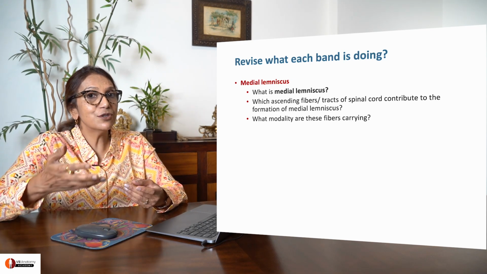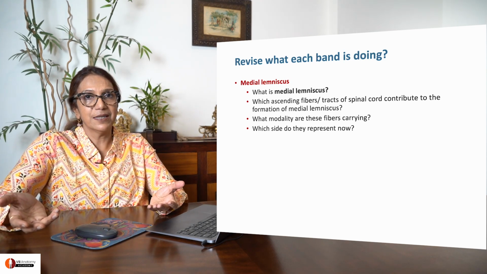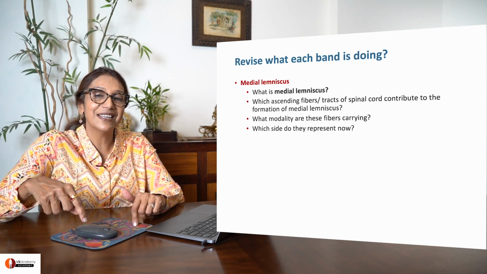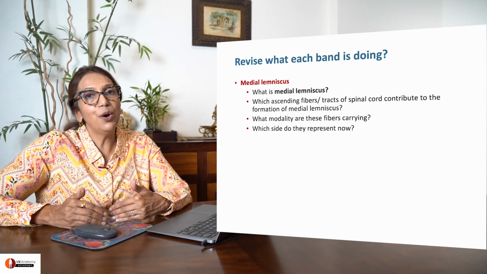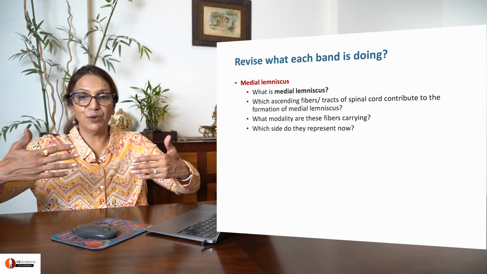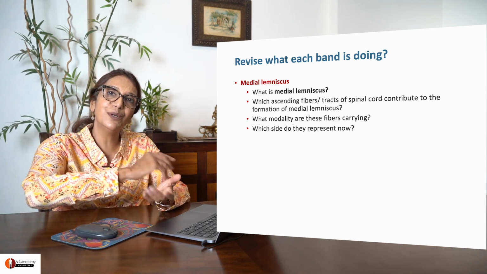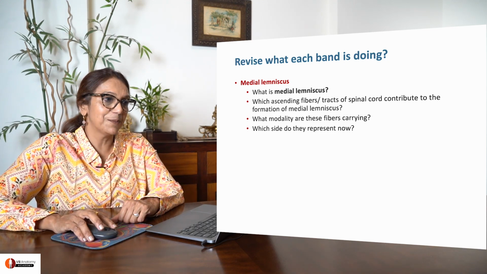Okay. Is it sense of vibration? Yes. Which side do they represent? Is it of the same side or the opposite side? This is a very interesting question. It is of the opposite side. Why? Because at the level of medulla, there was the great sensory decussation when fibers of one side crossed over to the opposite side, forming medial lemniscus of the opposite side.